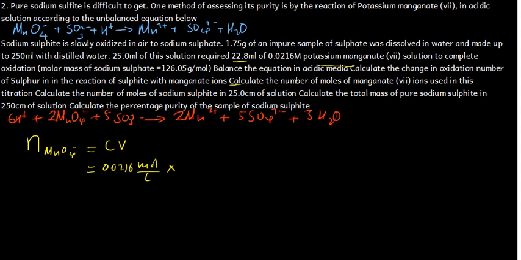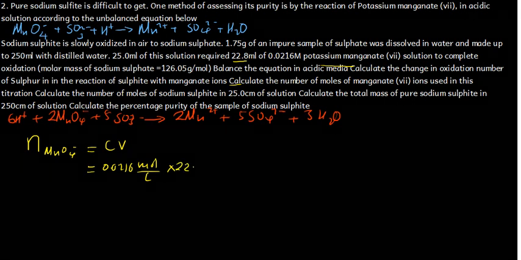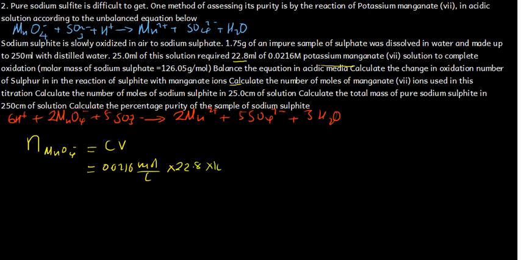Now the volume is given as 22.8 in milliliters. Convert that to liters by multiplying by 10 to the power negative 3, and so that is going to give us 0.00049248 moles.